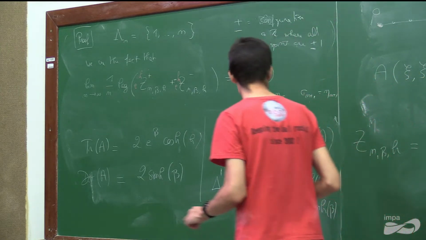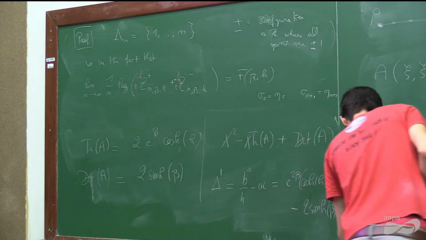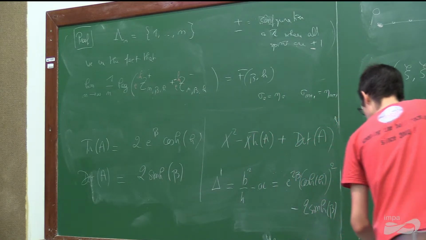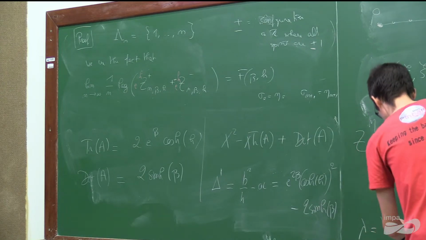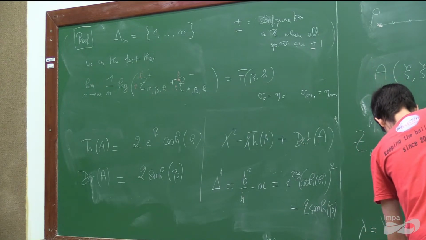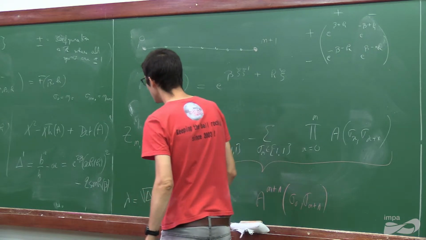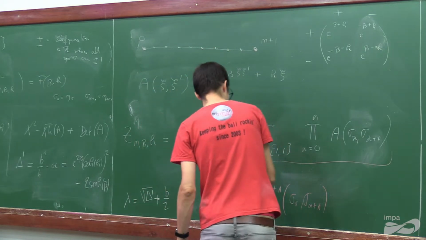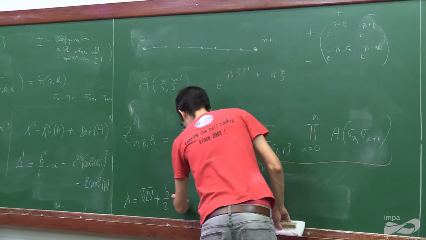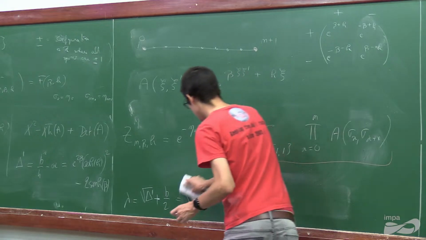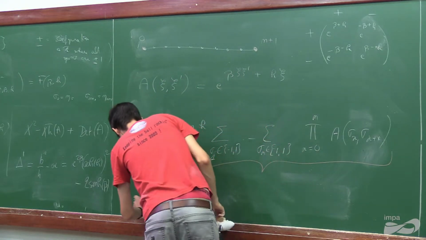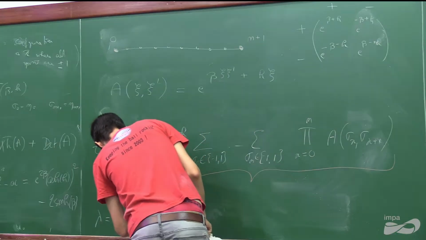And now I get that my two eigenvalues are lambda equal, well, square root of delta prime plus b over 2. Okay, so this is just the right thing. Sorry, it's b over 2 plus or minus square root of delta prime.